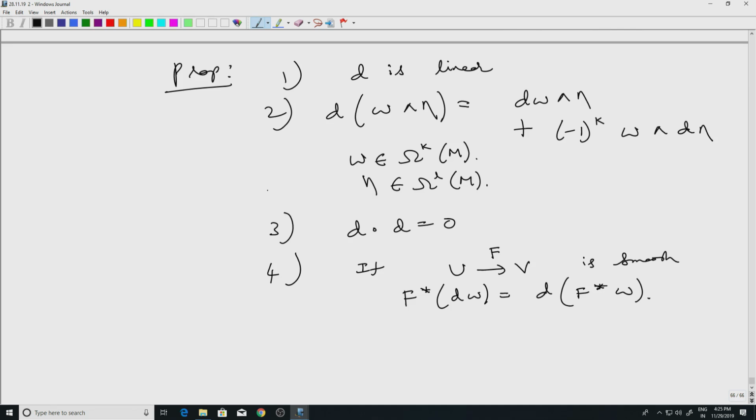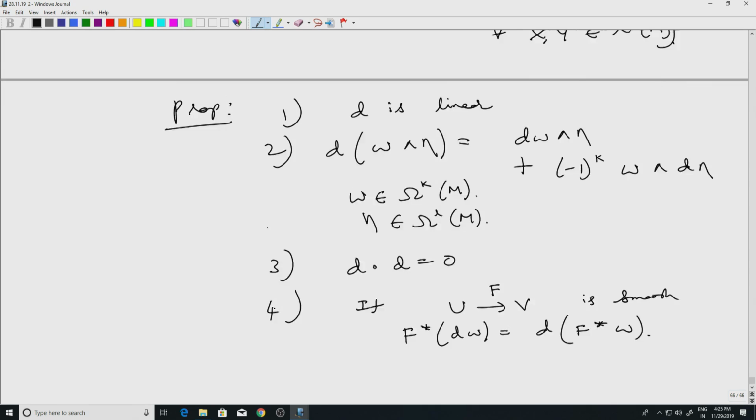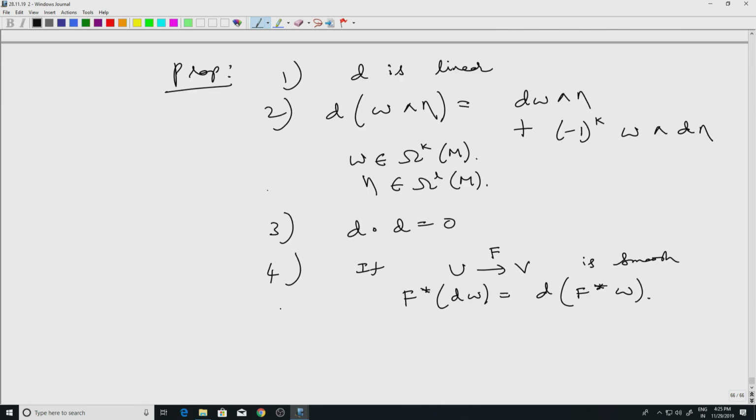Now here, from what I have written here, so let's see. If omega is for example a function, then I would get df wedge eta plus f d eta. So that's fine, zero form.